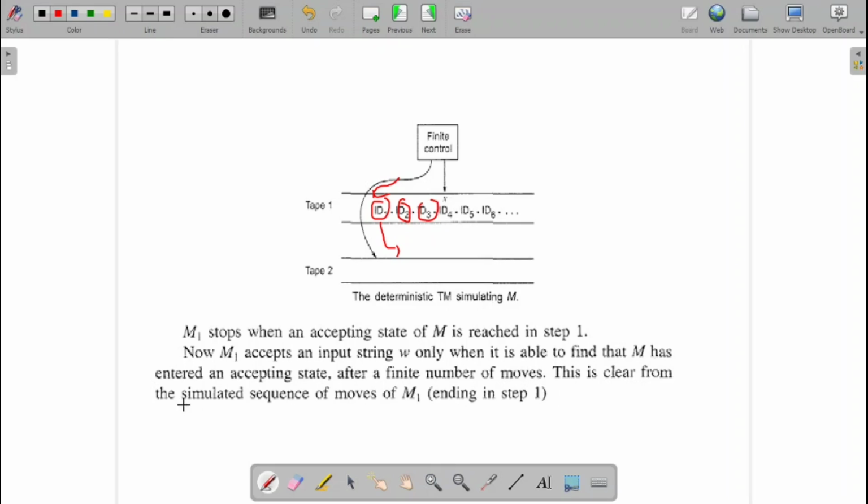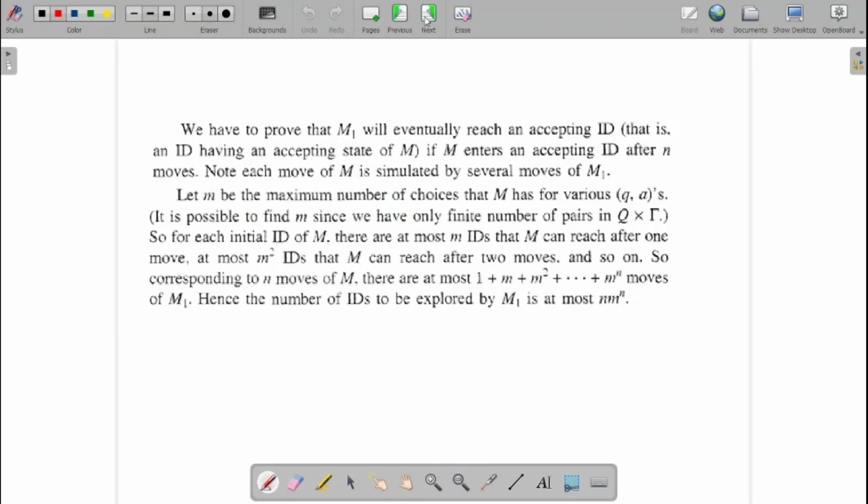This is clear from the simulated sequence of moves of the machine M1. Then we can prove that M1 will eventually reach an accepting ID, that is, an ID having an accepting state of M, if M enters an accepting ID after N moves.